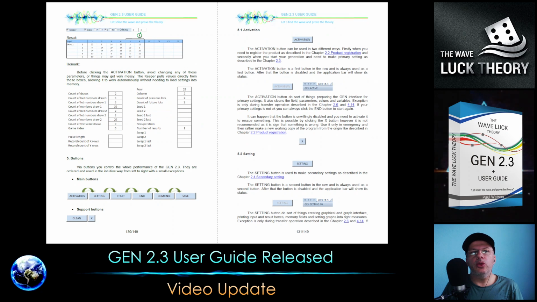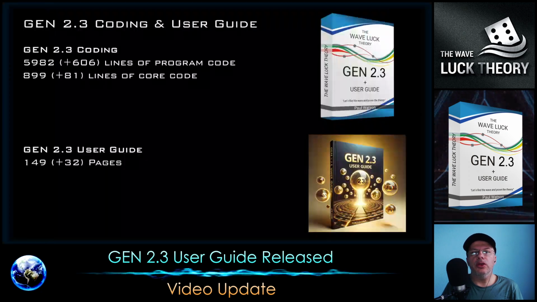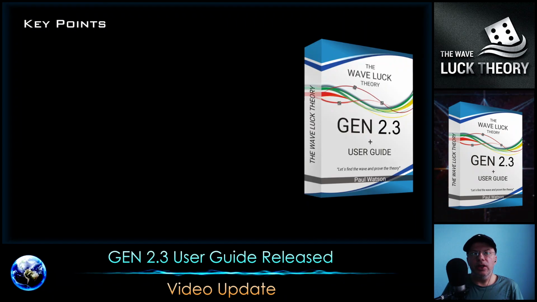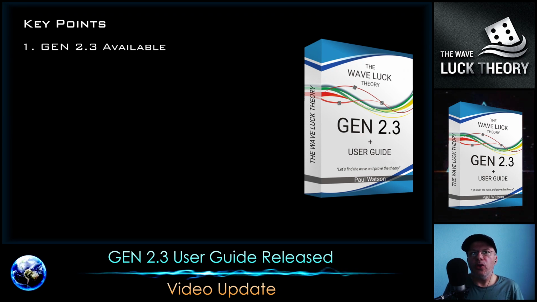Now I'd like to talk about the key points to wrap up today's presentation. The Gene 2.3 has been available not for 1 year but for 2 years already.